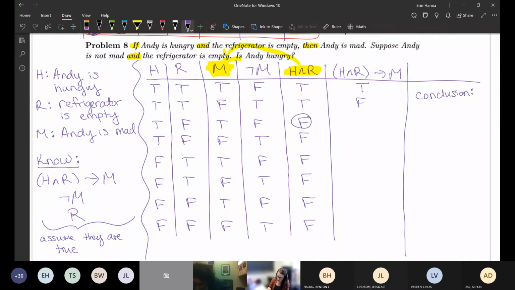Third row is a false implies true is a true. Fourth row, false implies false is true. Next row, false implies true, true. Next, false implies false is true. Next, false implies true is true. And the last one, false implies false is true.